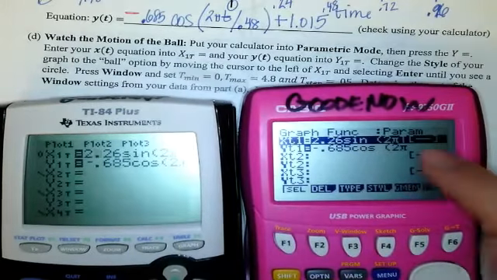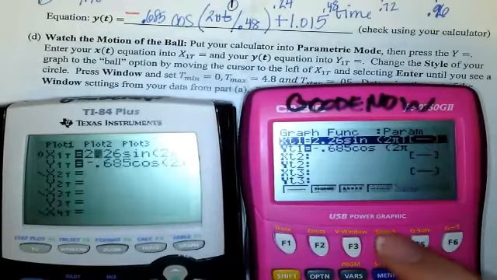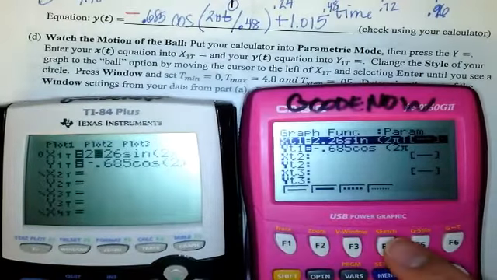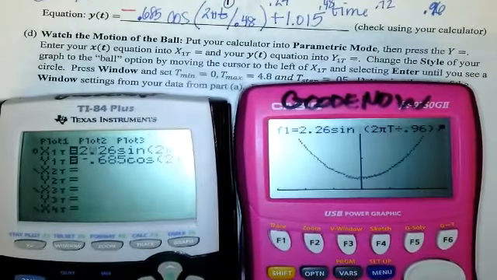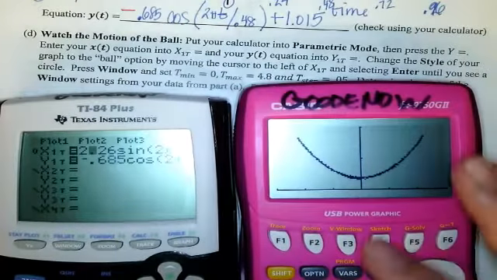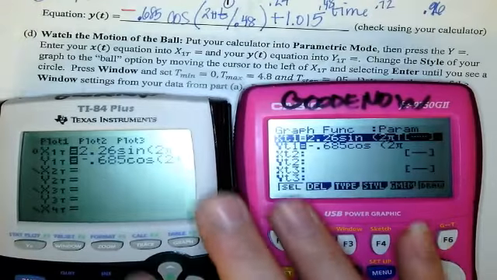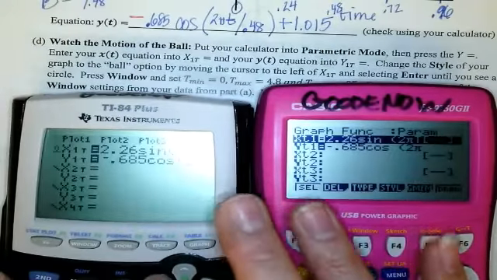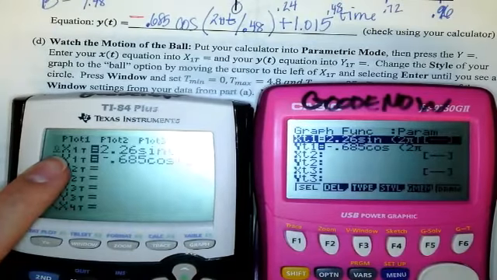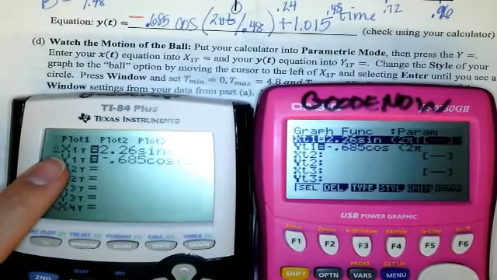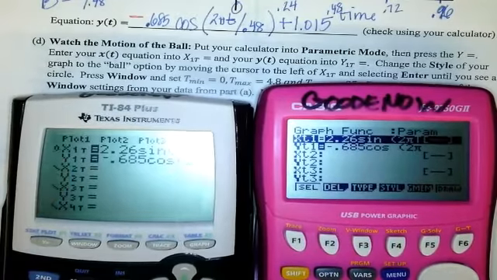Okay, so you highlight that, and then you can change the style to the little dots. Yeah. So you arrow your cursor back to the left, and then just hit enter until you see just the circle.